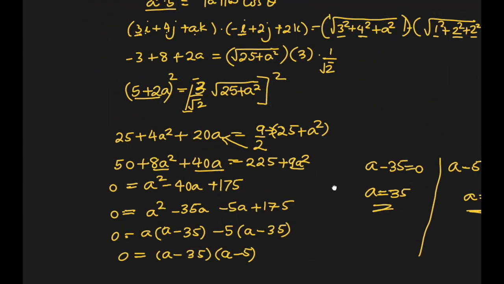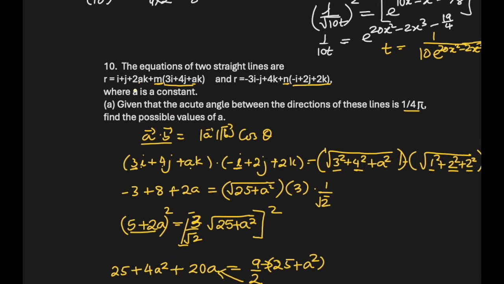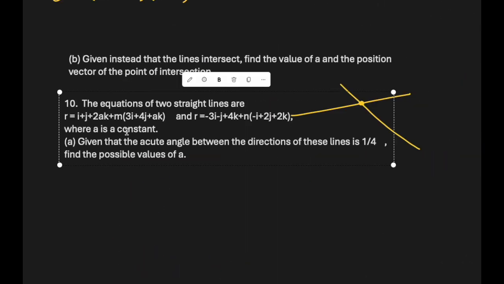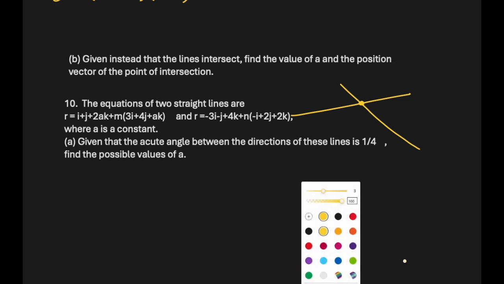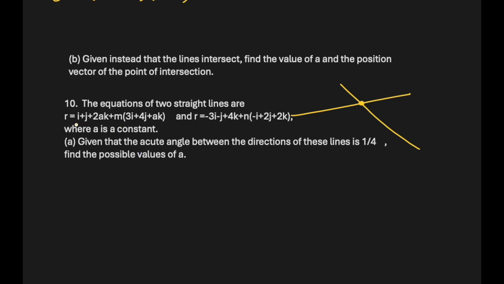So I will just copy them first. So here they are. If they have a common point, they are intersecting at a point. That point will have the same coordinates, right? So let's convert these to parametric form in both cases.